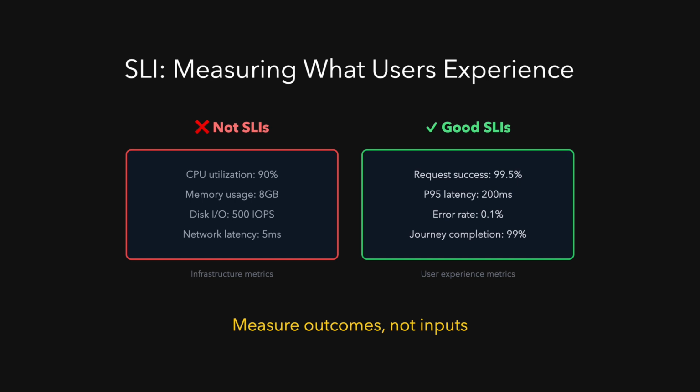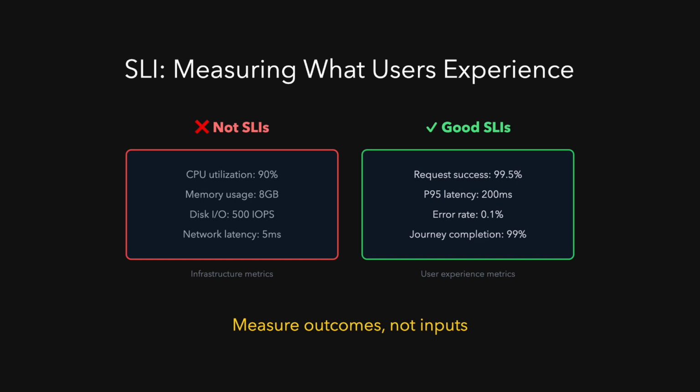But you might be thinking, wait, what about CPU usage, memory pressure, or disk I/O? Those are metrics, but they are not SLIs. Here is why. SLIs must measure user experience, not infrastructure health. Your database server could be at 90% CPU utilization, so that sounds bad, right?